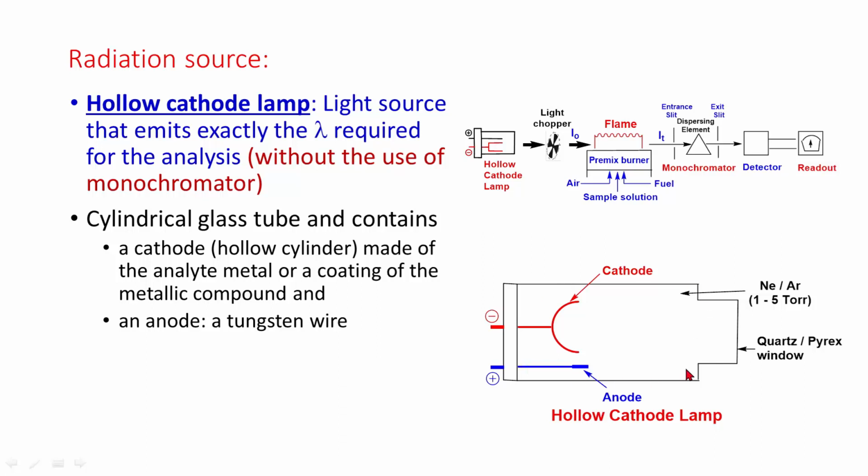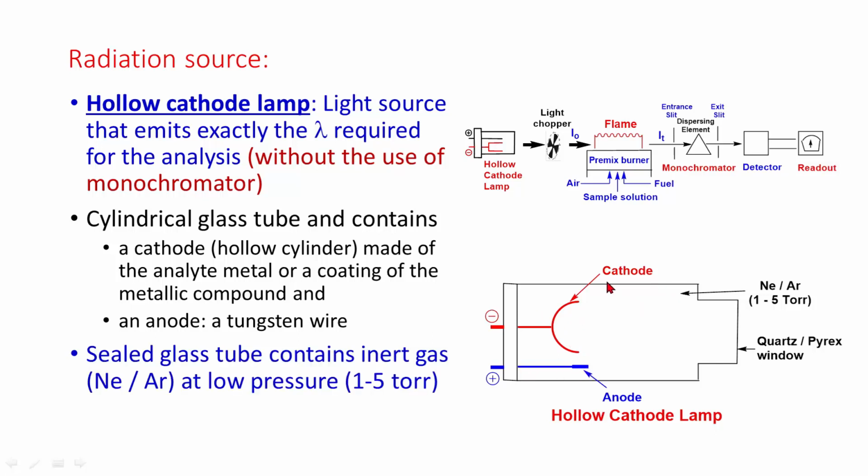It is a cylindrical glass tube and contains a cathode, which is a hollow cylinder and made up of analyte metal or coating of the metallic compound, and an anode. Sealed glass tube contains inert gas at low pressure, 1 to 5 torr. Lamp window is made up of quartz or pyrex.